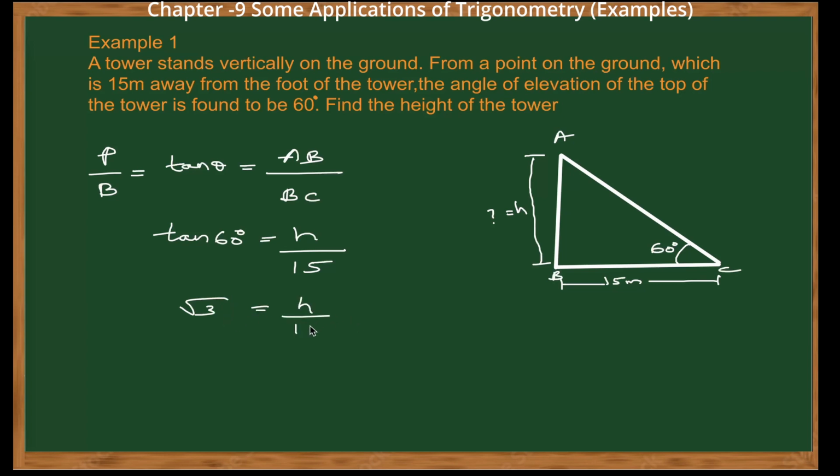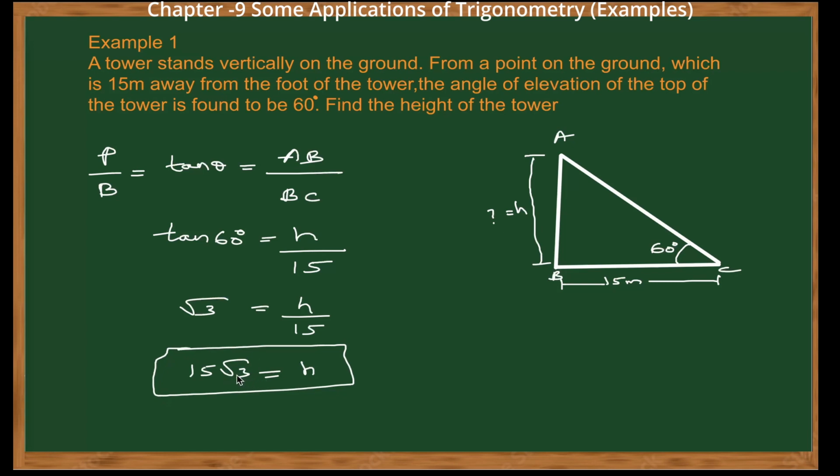So root 3 equals H divided by 15. So H becomes 15 root 3. This is what we were supposed to retrieve. The height of the tower is 15 root 3.